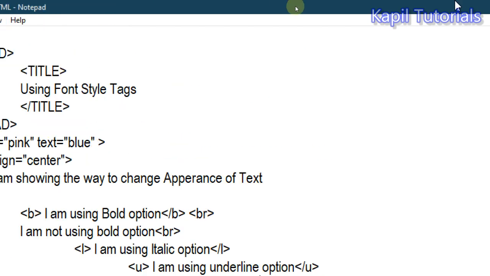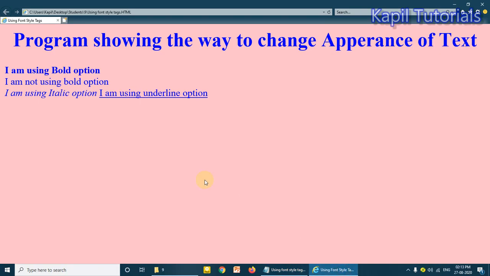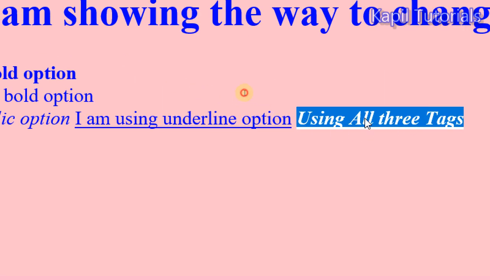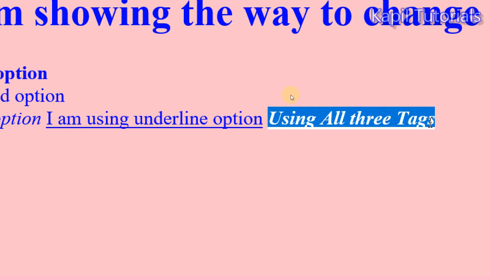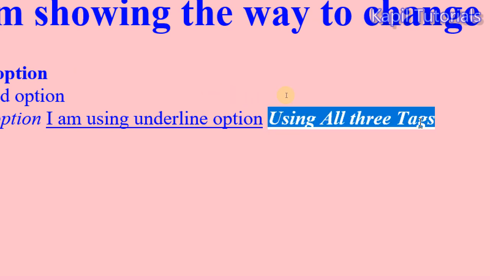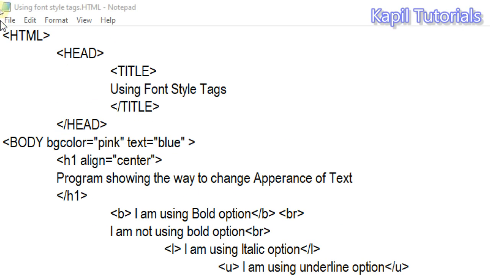File, save, go back, F5. Just see here. Here I have used bold also, italic is also there, and underline option is also there. So I hope all these three options, bold, italic and underline, are clear to you.